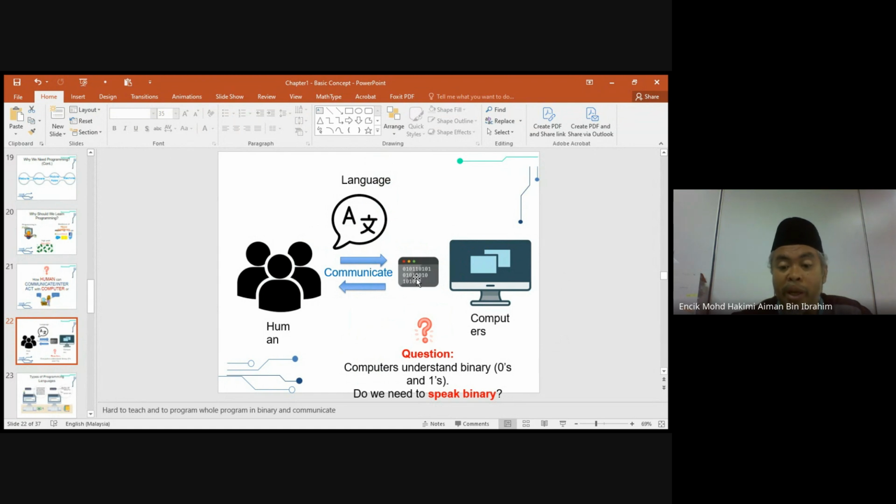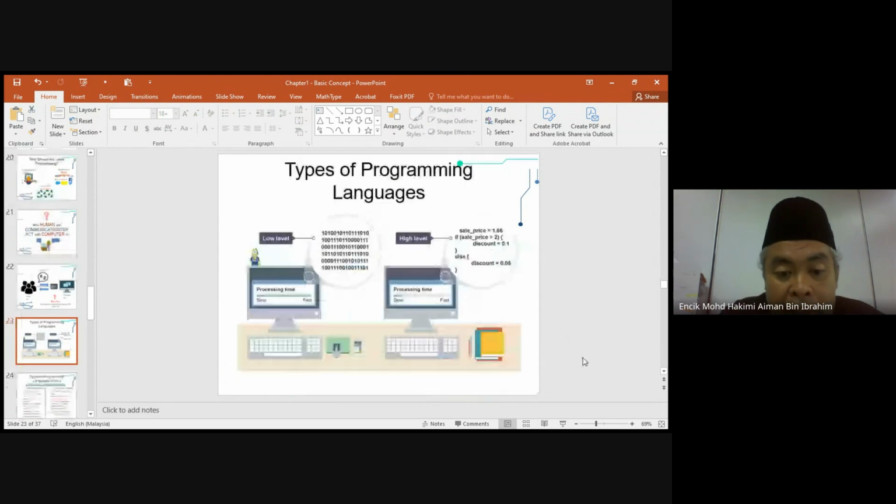Binary is 0 and 1. Anything that we key in, they will convert first before they can process it, and before they display it, they will convert it again. All those conversions will be handled by the compiler and also the converter.